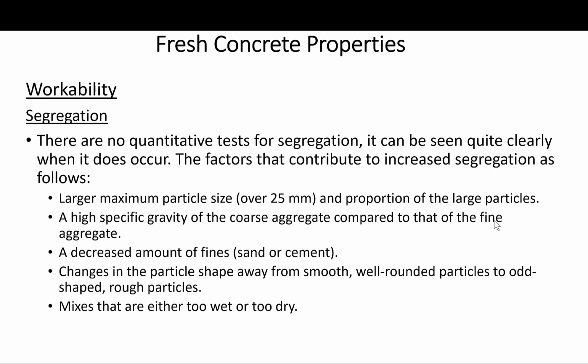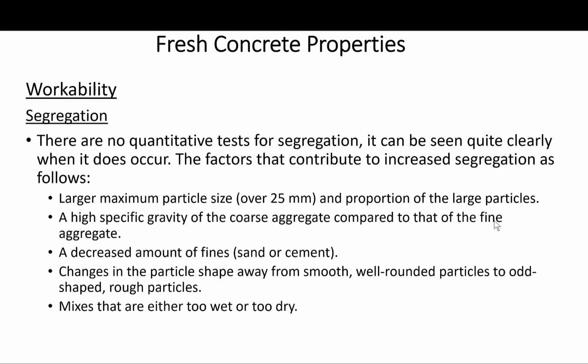The factors that contribute to increased segregation are as follows. Remember we talked about the aggregate size. A larger maximum particle size, over 25 millimeters, and the proportion of large particles affect segregation. So does a higher specific gravity of coarse aggregates as compared to the fine aggregates.